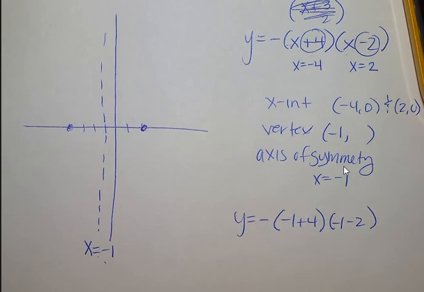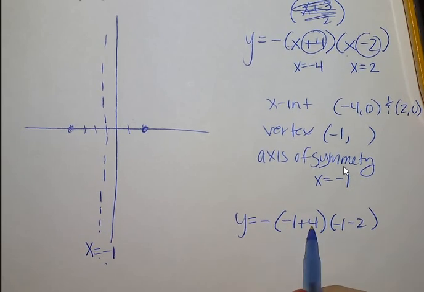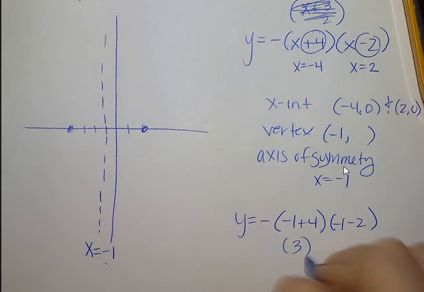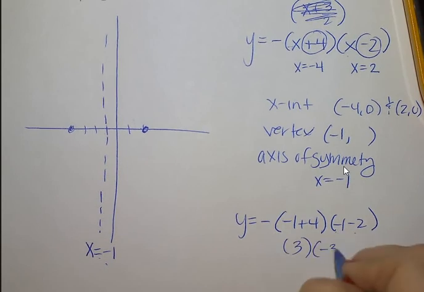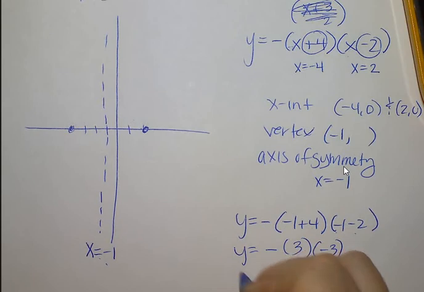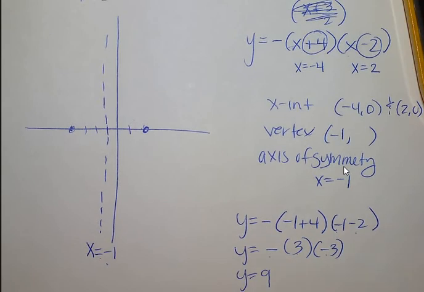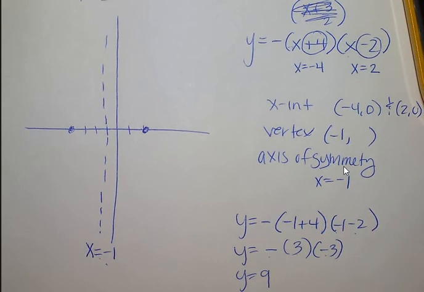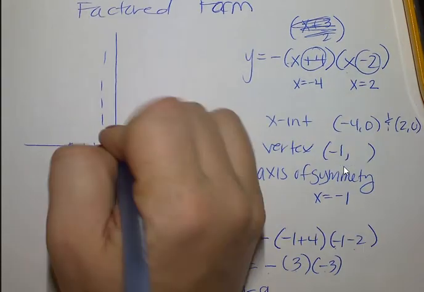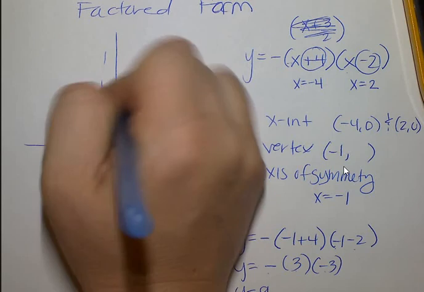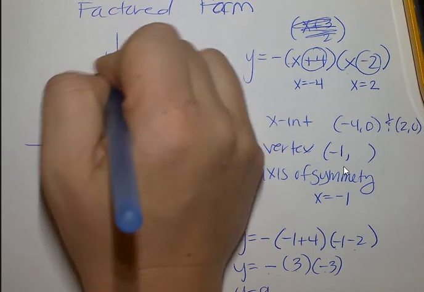And do the math. -1 and +4 is 3. -1 and -2 is -3. Don't forget about the negative sign out front. And when you multiply, you end up with a +9. So along the axis of symmetry, go up 9. And make a dot.